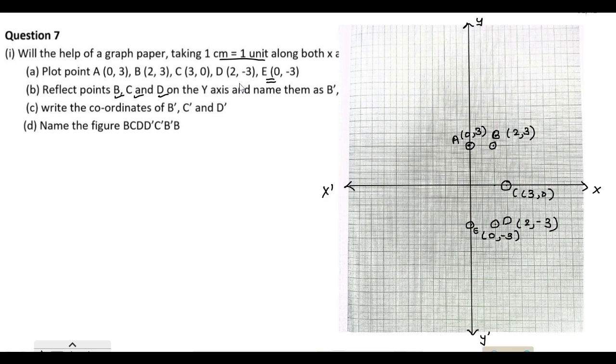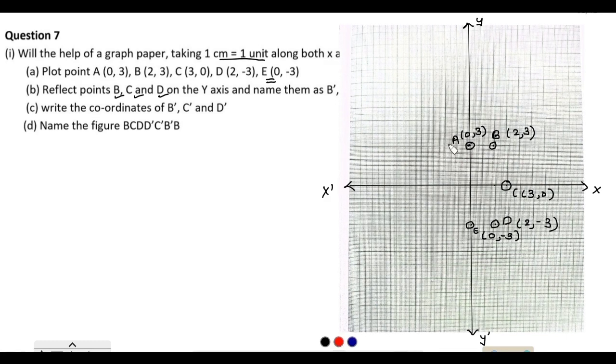Then y coordinate will remain same, x will be changed, and you can see on the figure B will reflect onto B dash and its coordinate will be -2, 3. C will reflect on C dash, -3, 0. And D on D dash, -2, -3.